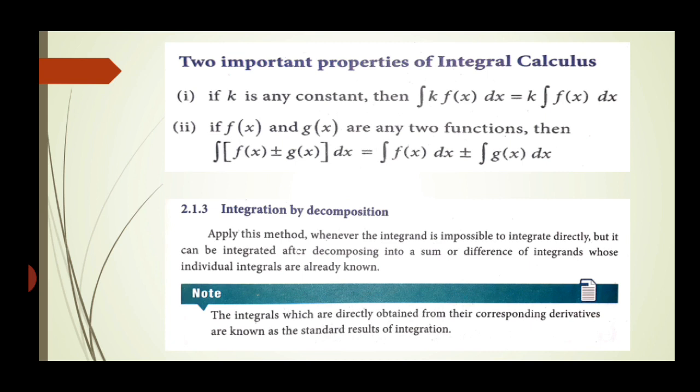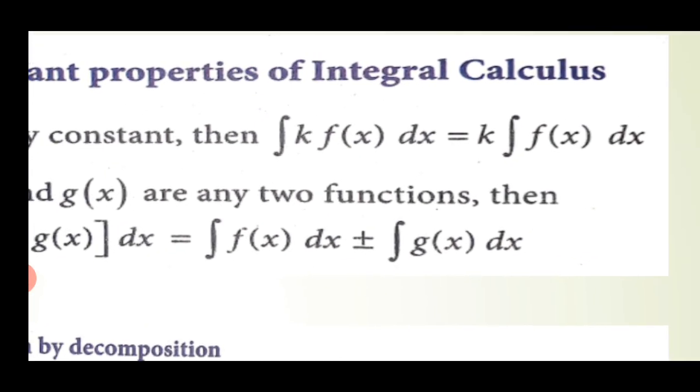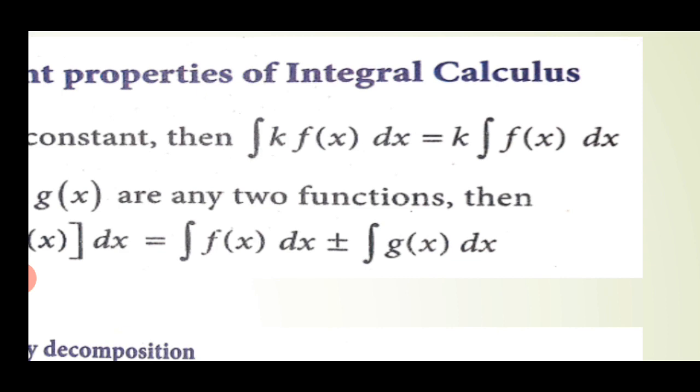So we have some important properties of integral calculus. First property: if k is any constant, then integral k times function f of x dx equals k times integral f of x dx. If k is a constant in product form with a function, then take k outside and integrate only f of x dx.